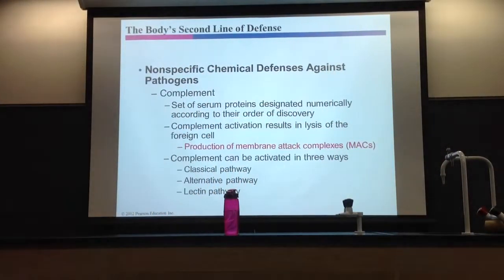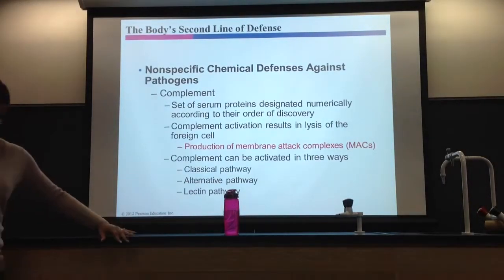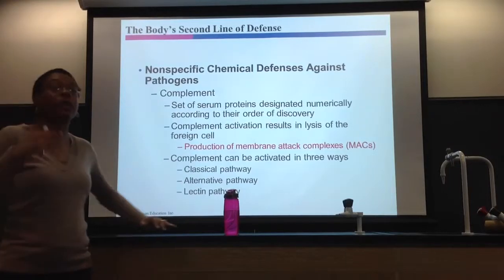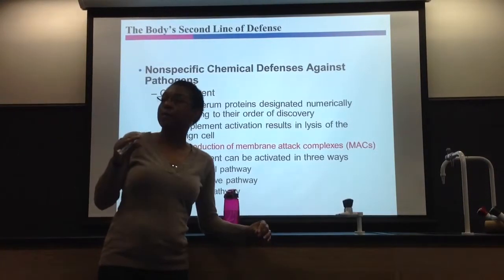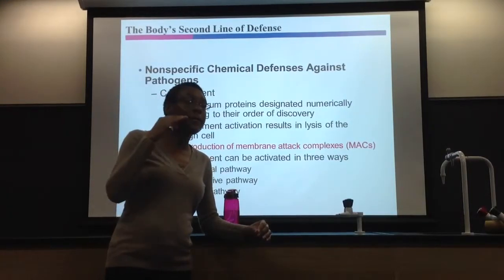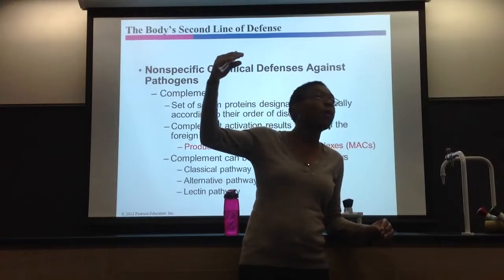The third pathway is the lectin pathway. It is looking for sugars that are on your invader that's not present on your cells. So when they find a sugar, particularly mannose, because our cells don't have mannose, we have glucose, lots of glucose, on our cell membranes. We do not have mannose. But some bacteria, some fungi, they actually have mannose on the outside of their cell wall.